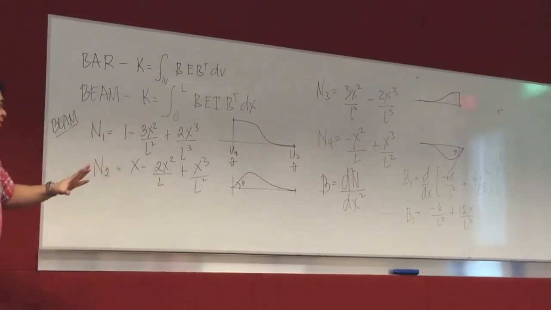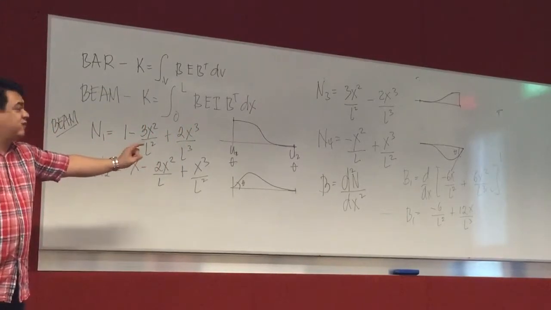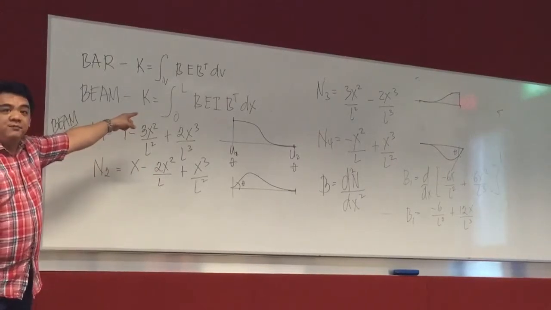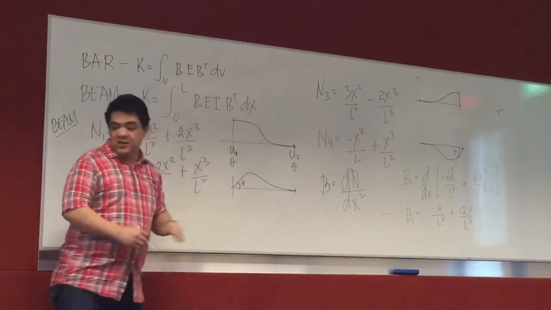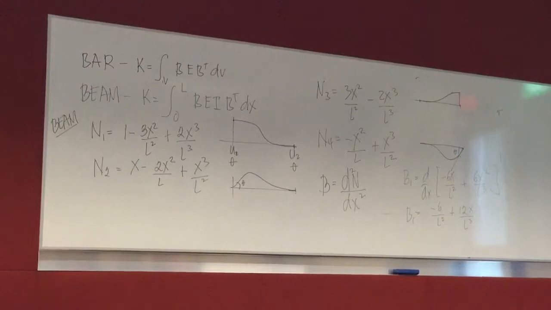Very straightforward. Take the second derivative of your shape function, put it here. So your B there is equal to B1, B2, B3, B4.